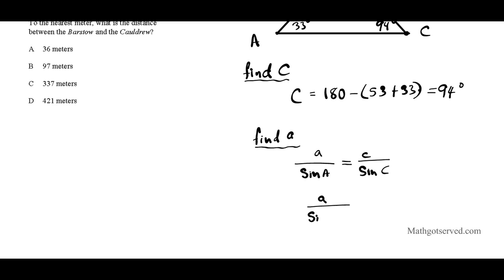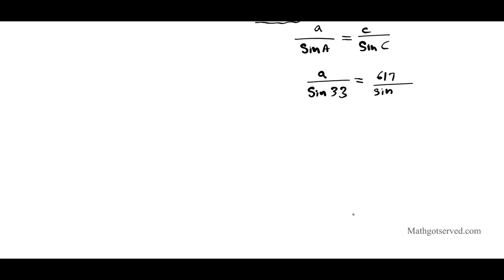A, we do not know, over sine big A. Big A is 33, equals little c, which is 617, over sine big C. Big C is the measure we just determined as 94.